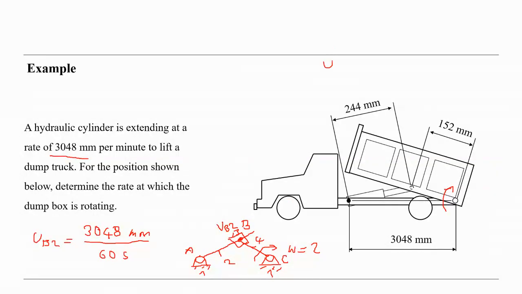So VB4 is equal to VB2 plus VB, VB2 relative to VB4.